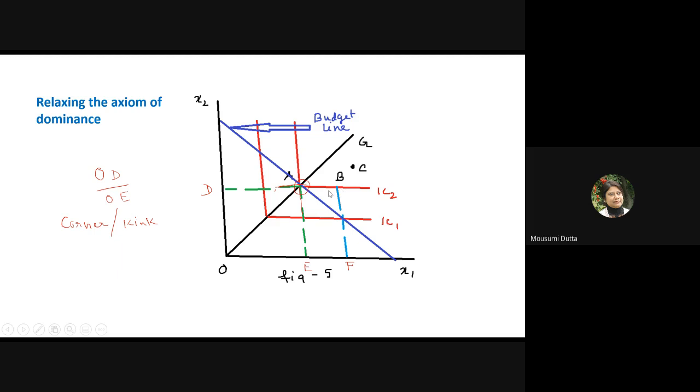We are considering one other point along IC2, that is point B, and dropping a perpendicular from B along the x1 axis. Considering any other point C, which lies on a higher indifference curve, C.